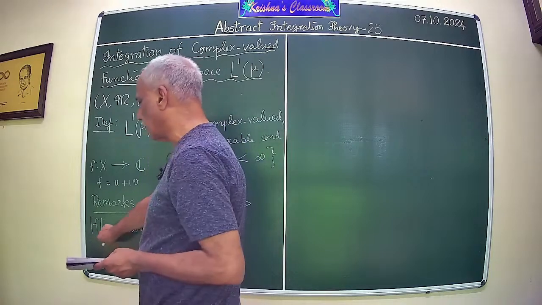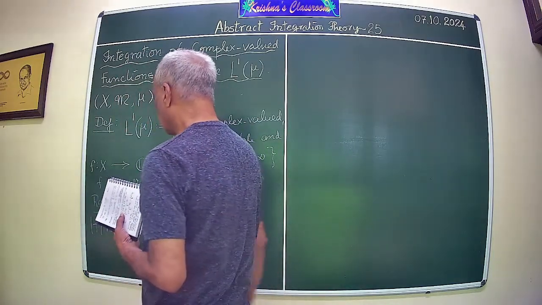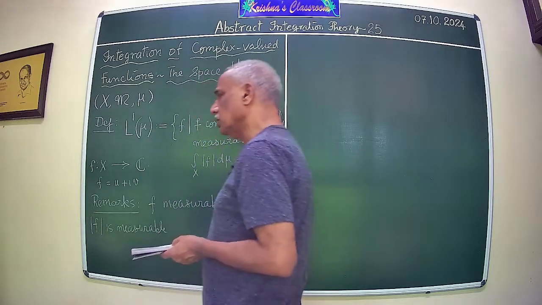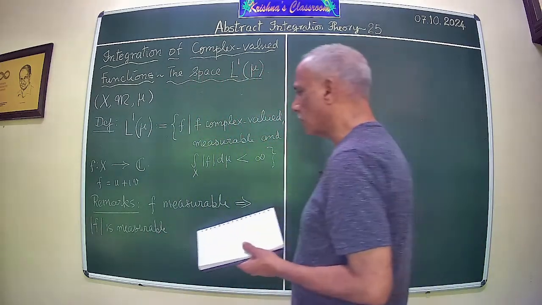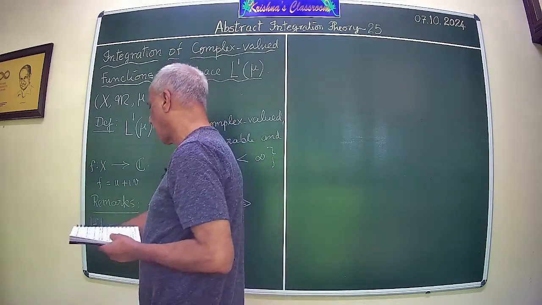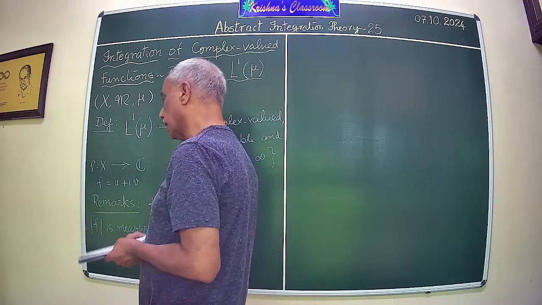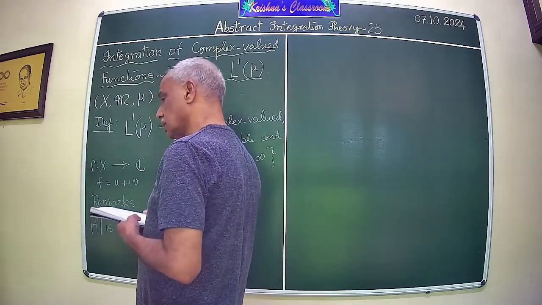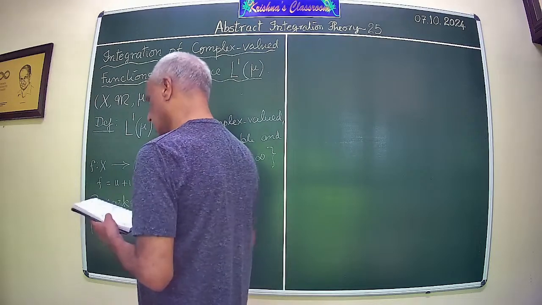Then, if u and v are measurable, the square root of u square plus v square, which is non-negative, is also measurable. That's what is written here.